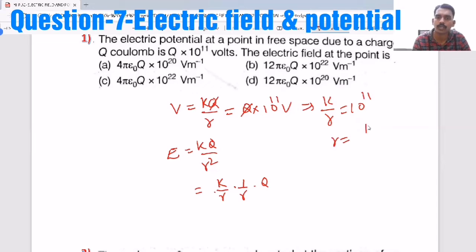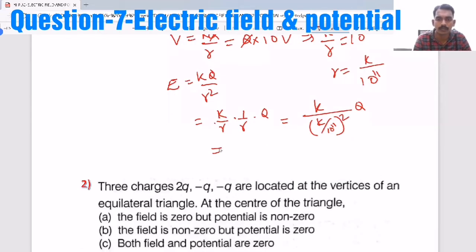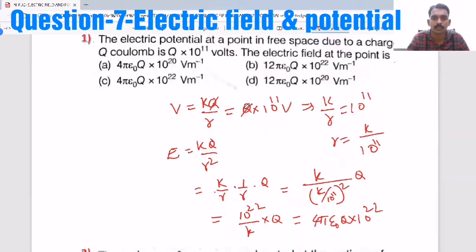Then R equal to, you write it as K by 10 power 11. Substitute this one, so that K by R square equal to K by 10 power 11 whole square into Q. Then that calculation will become 10 power 22 by K into Q, where 1 by K I can write as 4 pi epsilon naught Q into 10 power 22.